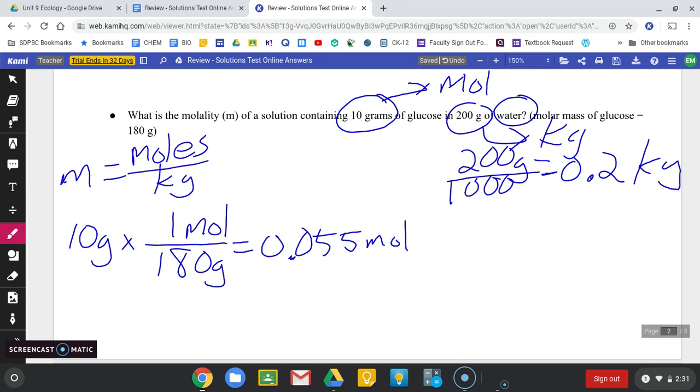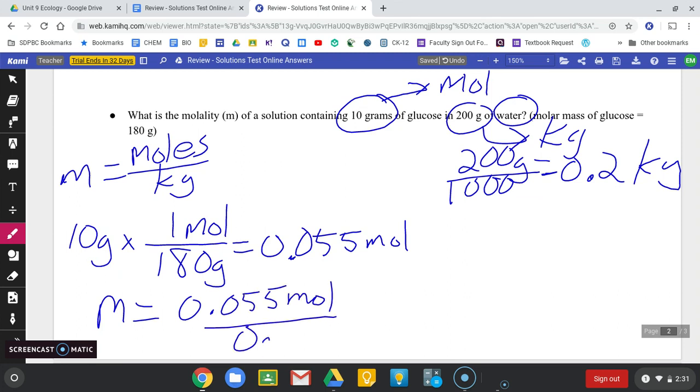So there's your top number. So to find the molality, just to rewrite it all, it's 0.055 moles divided by 0.2 kilograms of water. At 0.27 molal, little m.